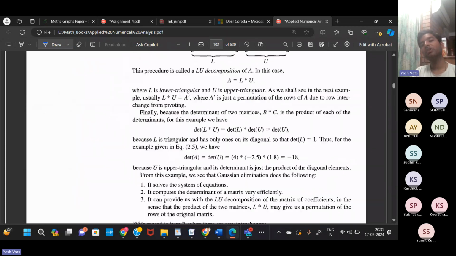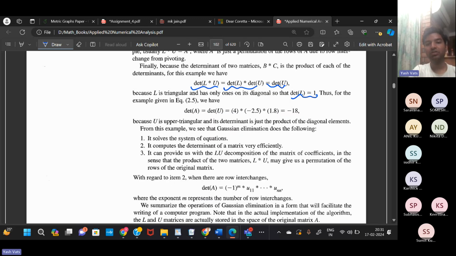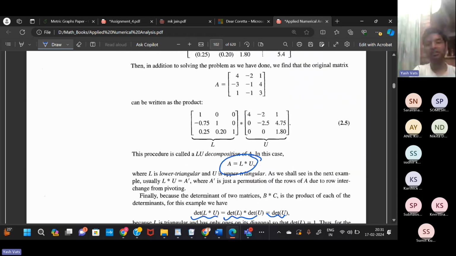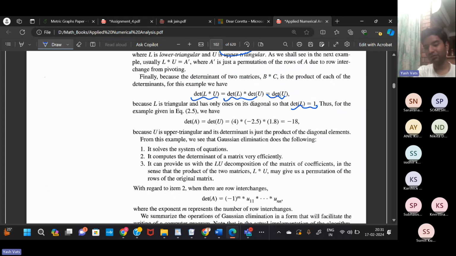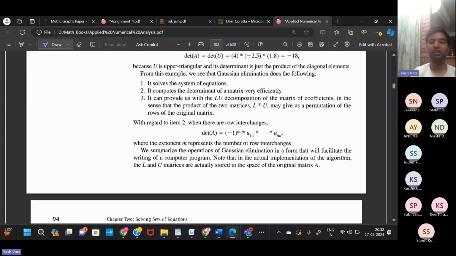Yes, so if you see this matrix A written as L into U, the determinant of LU is just determinant of L into determinant of U, and determinant of L is 1. So determinant of A should be the same as determinant of U. And if determinant of A is 0, then determinant of U must be 0. I think it should work. You can decompose it, I feel so. You can try on a singular matrix and check whether it works or not.